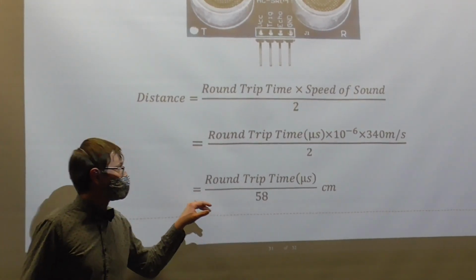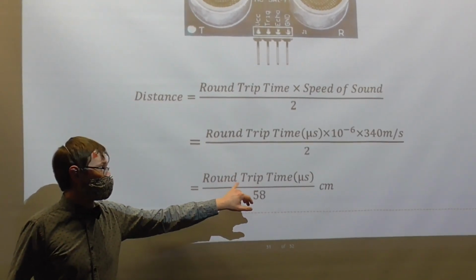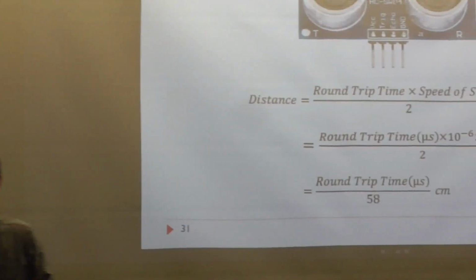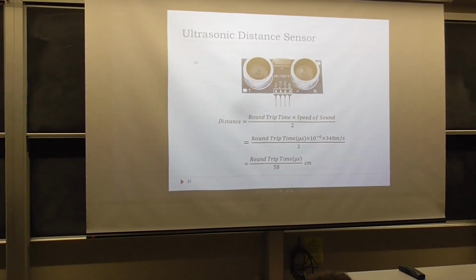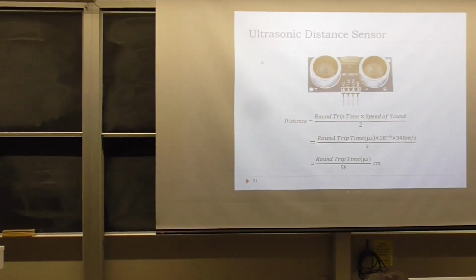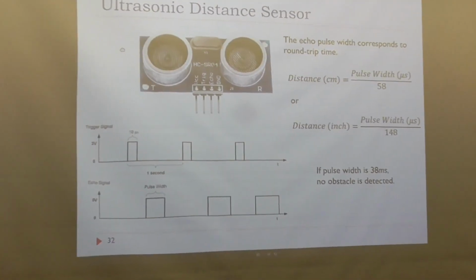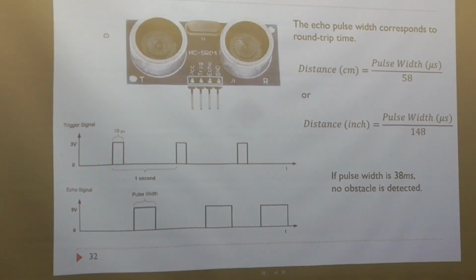So in the end, you take the round trip time in microseconds, divide it by 58, and that gives you your distance in centimeters. Let's look at how this works electronically. The echo pulse width corresponds to round trip time.